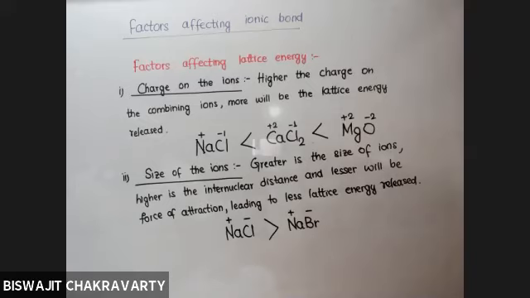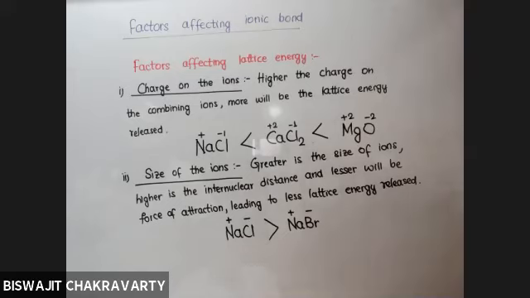Okay, so these are the favorable factors which are very important for us to understand to form the ionic compound. The favorable conditions are low ionization energy, high negative electron gain enthalpy, and high lattice energy.